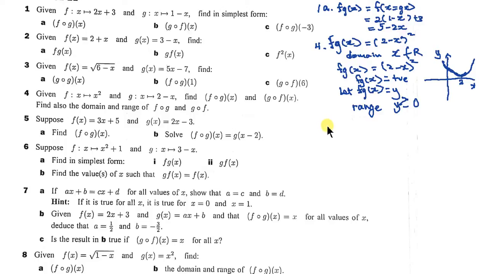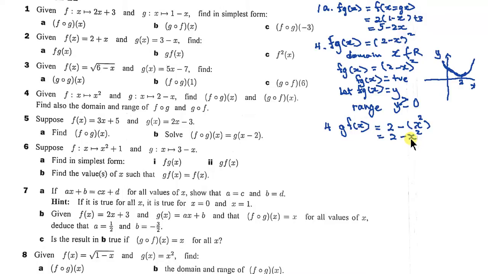Now, let's get the other part here. Question 4, g(f(x)) now. So this one is equal to 2 minus the bracket here. This is x, now it's substituted by f(x). The f(x) function is x squared. Okay, look at this.